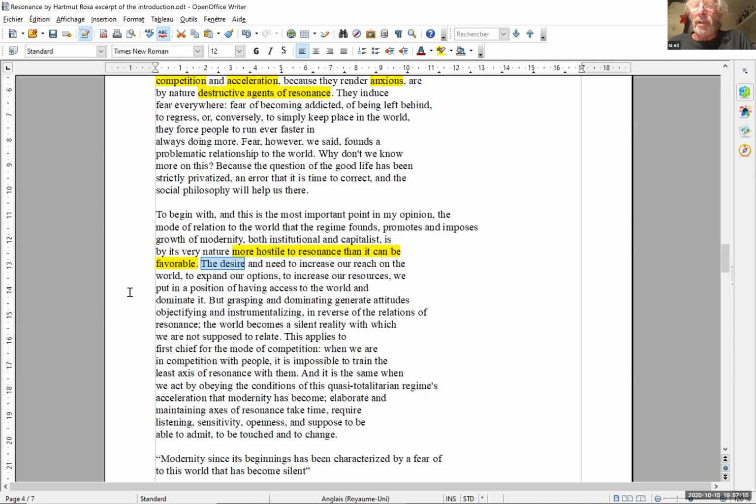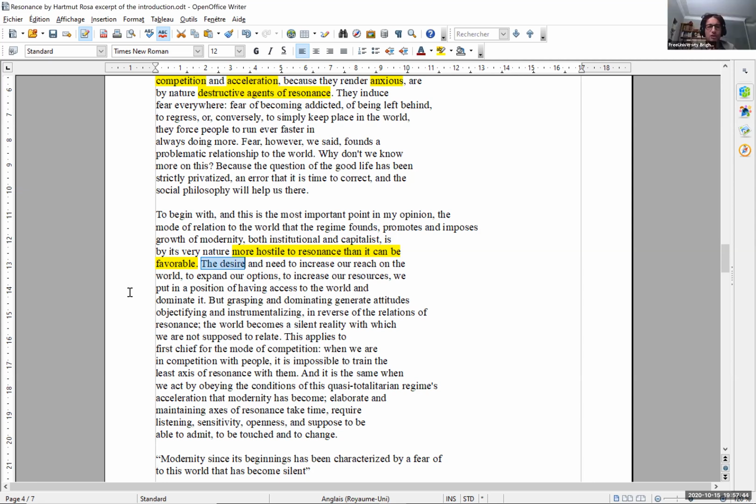When we are in competition with people, it is impossible to train the least axis of resonance with them. And it is the same when we act by obeying the conditions of this quasi-totalitarian regime of acceleration that modernity has become. Elaborating and maintaining axes of resonance takes time, requires listening, sensitivity, openness, and supposes being able to admit, to be touched, and to change.